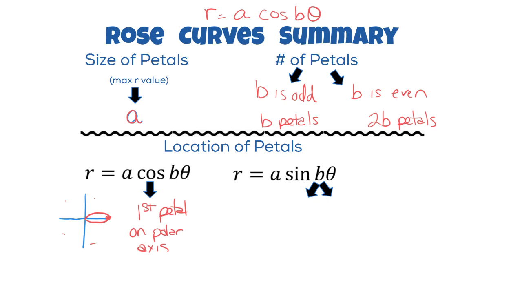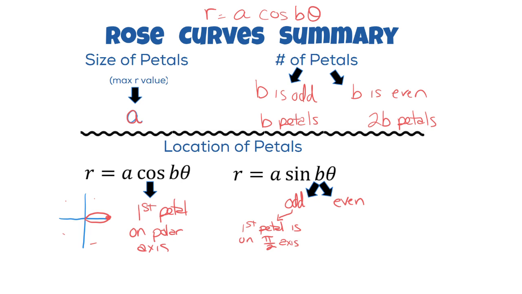If the B value was odd versus even, okay, if it was odd, instead of the first petal being on the polar axis, the first petal is on the pi/2 line. But it's not that easy. The pi/2 line, or I guess I've been calling it a pi/2 axis.